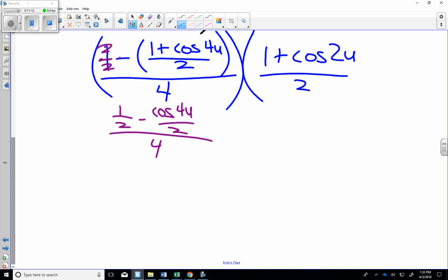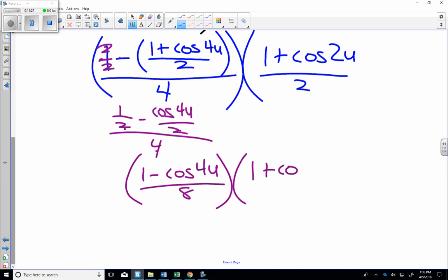Then if you divide by 2 and divide by 4, that's the same as dividing by 8. So you have 1 minus cosine 4u over 8 times 1 plus cosine 2u over 2.